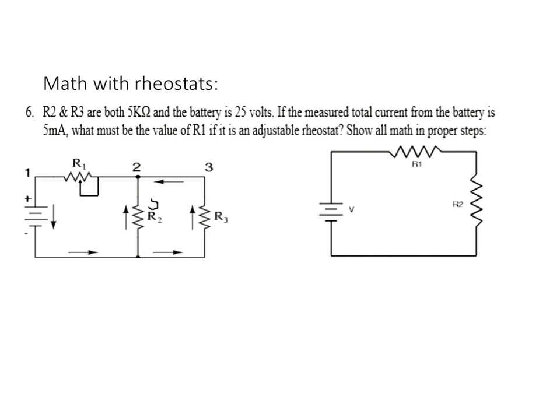Okay. So 5K for this one, and 5K for this one. Okay. Now, they're telling you up here that the battery or the voltage source is how many volts? Well, it's 25. So over here, this is 25 volts.